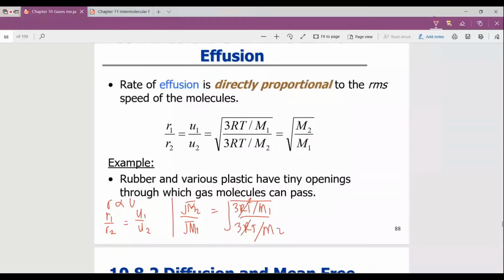The 3RT cancels out, and we get square root of M2 over square root of M1. So this is constant, basically the same. That's why r and u are the same thing. If they are effusion, r is directly proportional to the RMS speed.